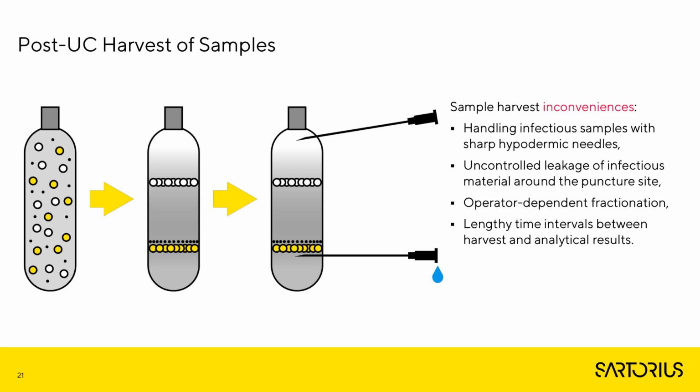The insertion of the needles is dependent on the operator, and the collection of fractions is also dependent on the operator. And nonetheless, when we collect the fractions, it takes quite a long time between the collection of fractions and then analyzing the fractions and reporting the results.